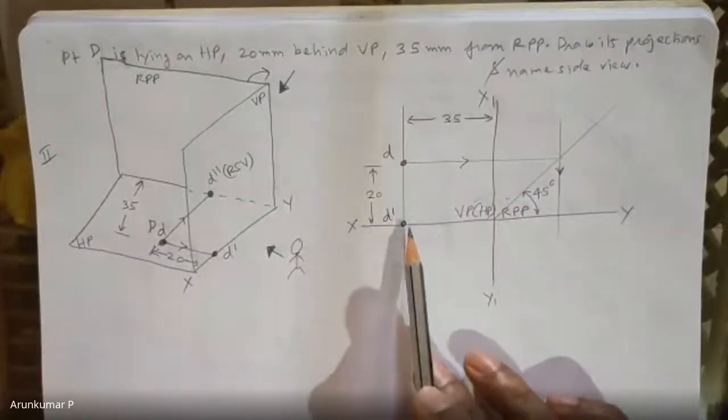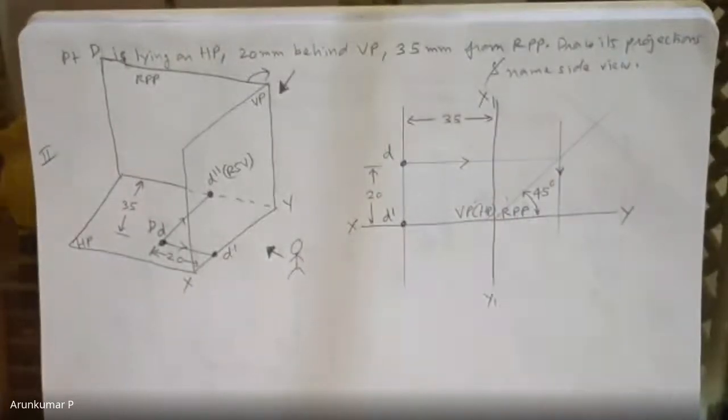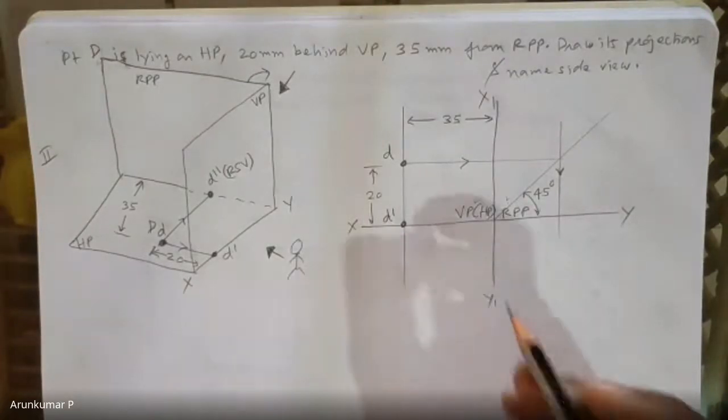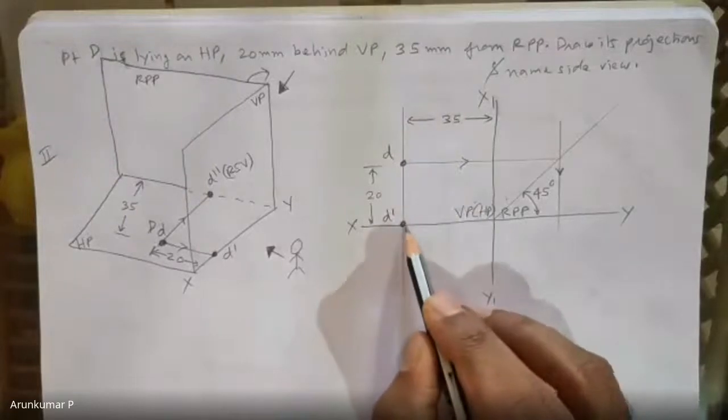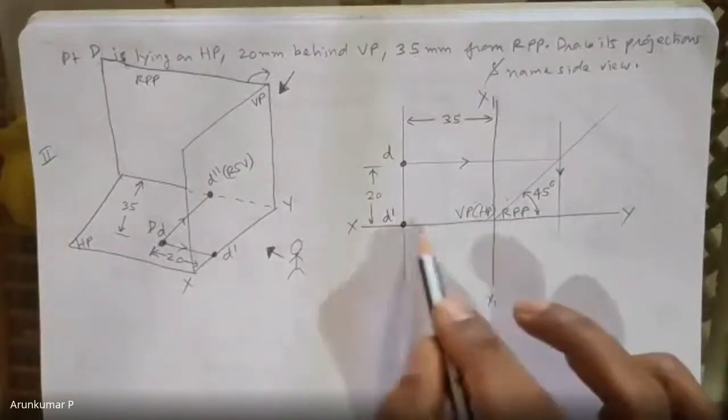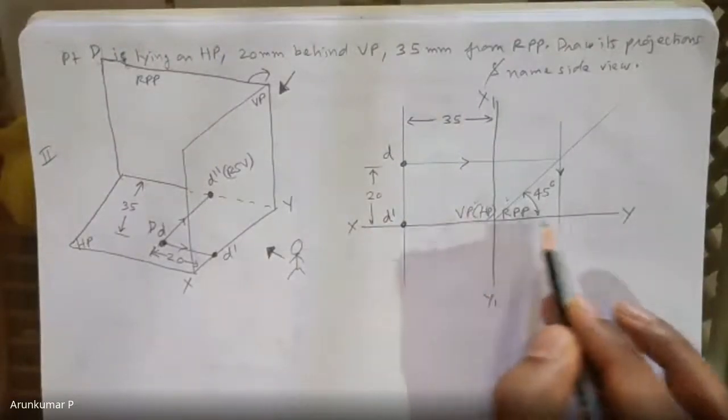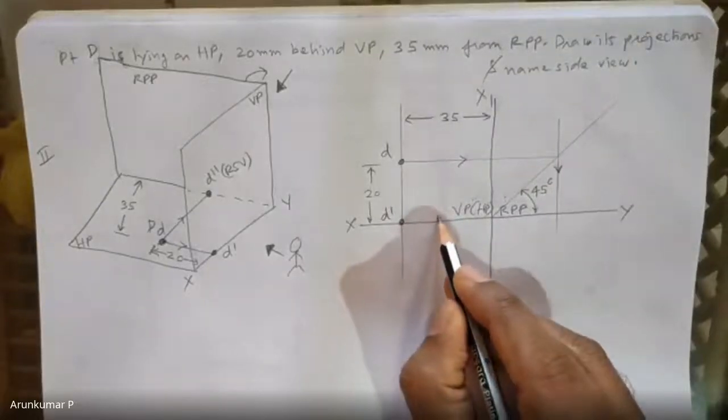Now, where should I draw the projector of this front view? Can I draw it? Will it be seen? There is no point, because if I draw the projector here, D dash here is coinciding with the XY line, so I won't be able to see this.